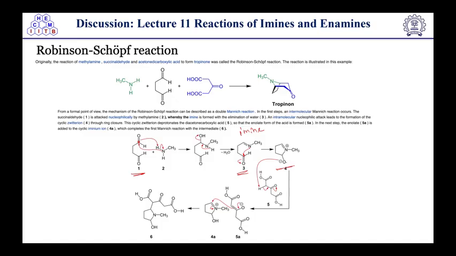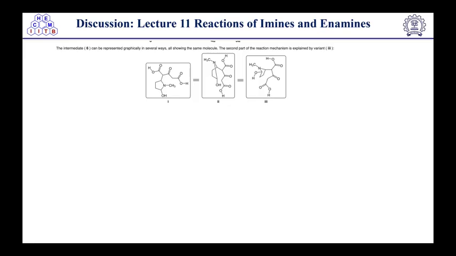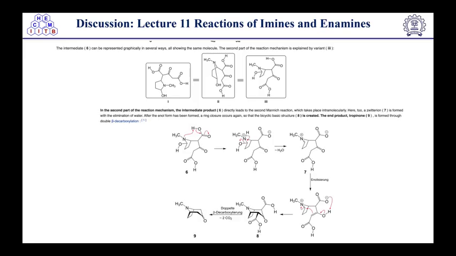After the proton abstraction it becomes OH, that's why we have written OH here. So it will attack the imine, the double bond will open up and the charge on nitrogen will become neutral. After getting this we will get this intermediate 6, a tertiary amine. Then after the formation of this tertiary amine, what is the next?